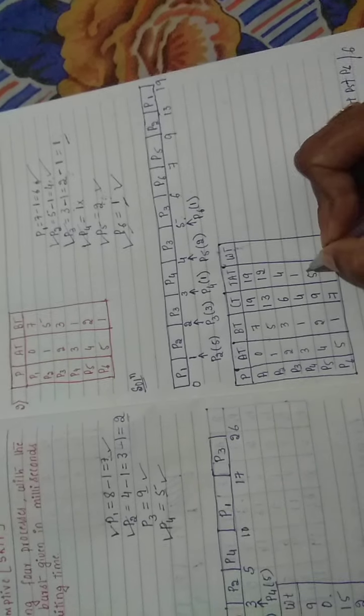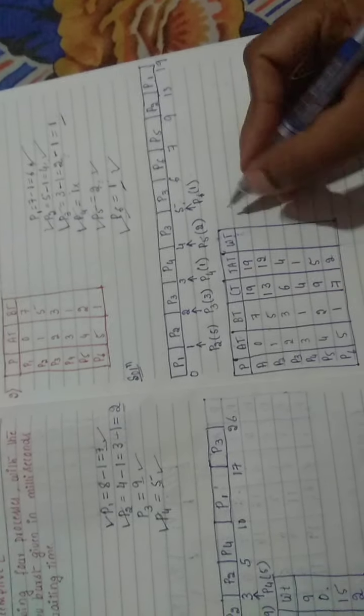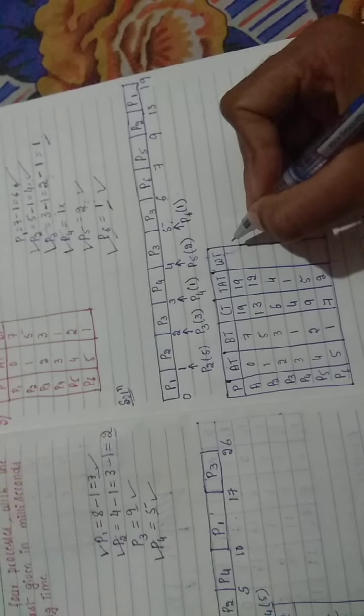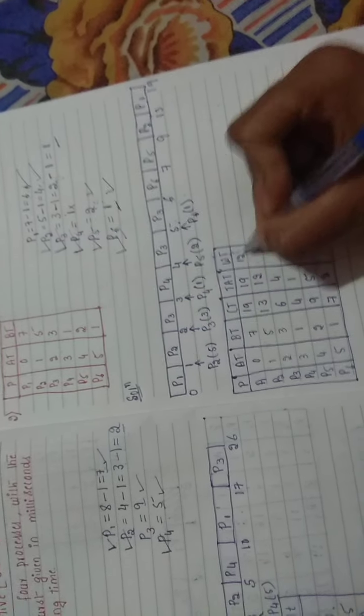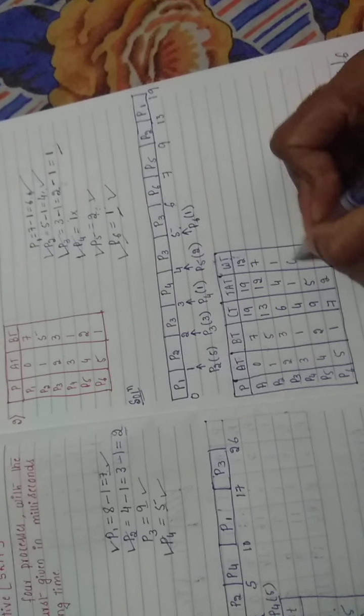Apply the TAT formula, CT minus AT, and you will get these values. Then apply the WT formula, that is TAT minus BT, and you are going to get these values. You can cross verify this one, so you are going to get the same waiting time.